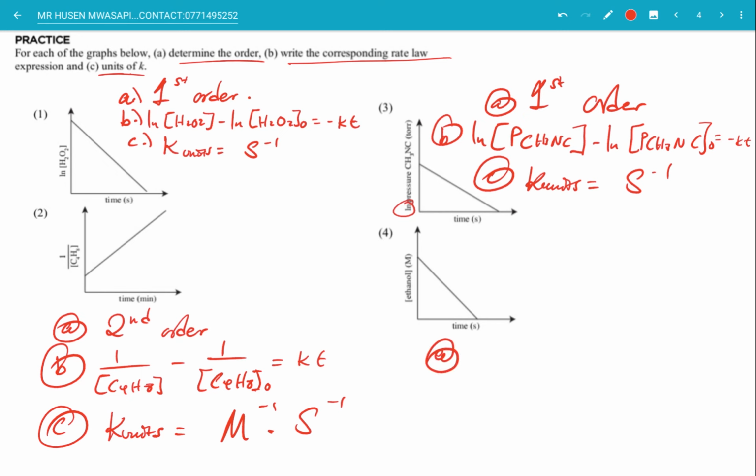Then looking at the last one, it says that you have the concentration versus time. It's literally the concentration versus time. So for this one, it's quite simple because this was showing us the zero order.